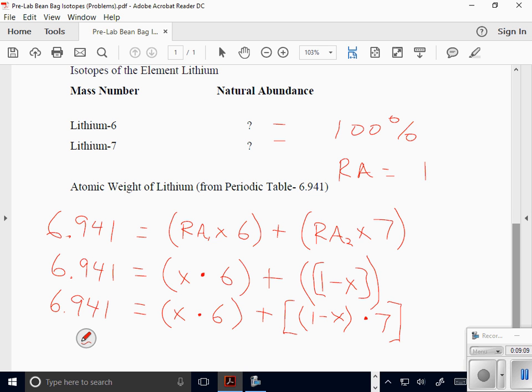So, 6.941 is equal to 6x plus 7 minus 7x, because I just distributed the numbers right there.